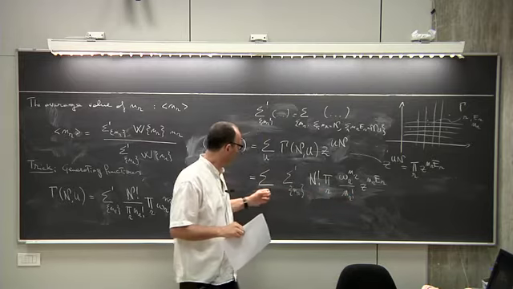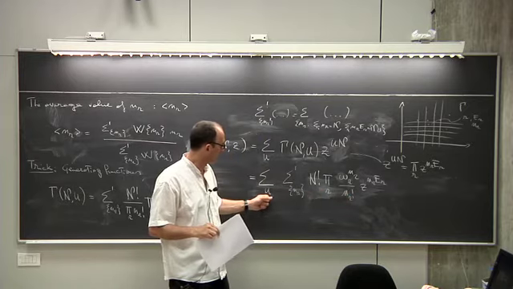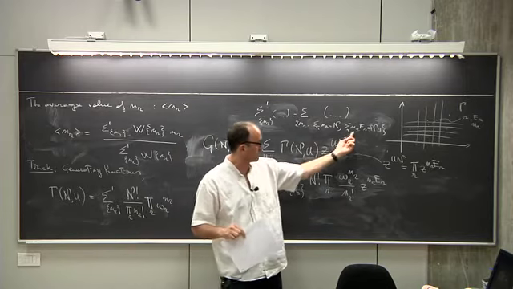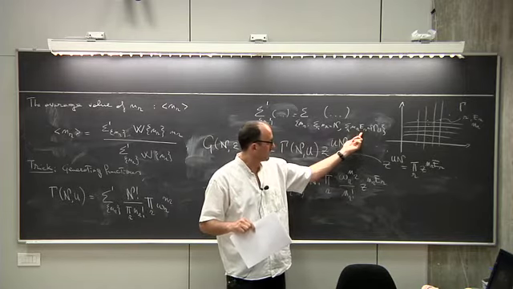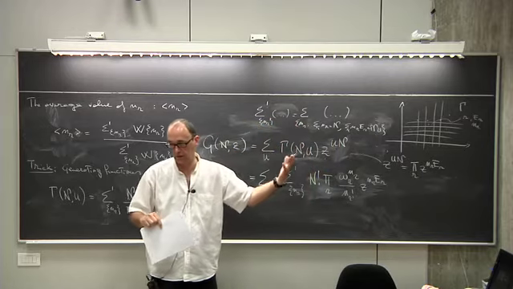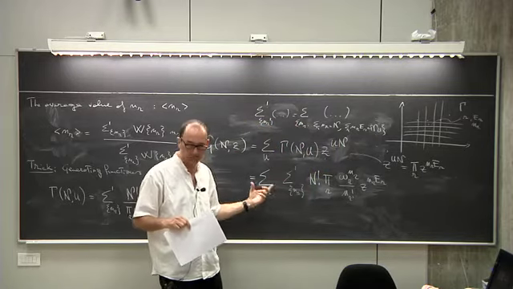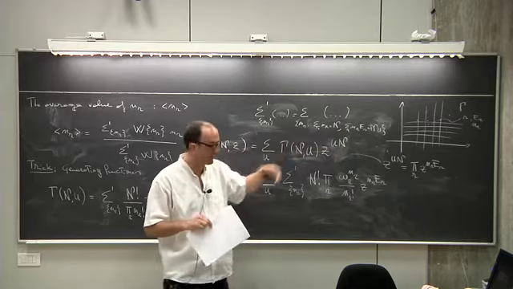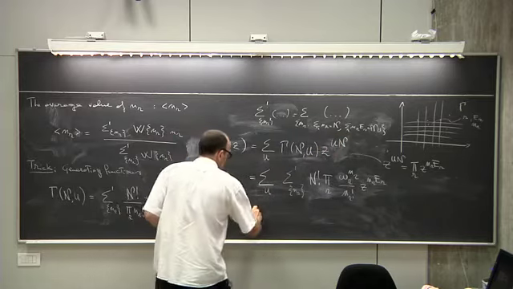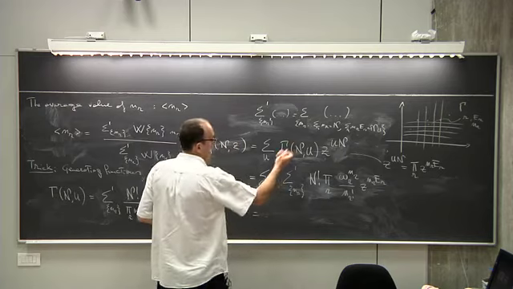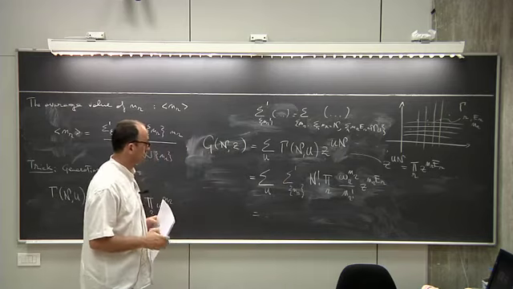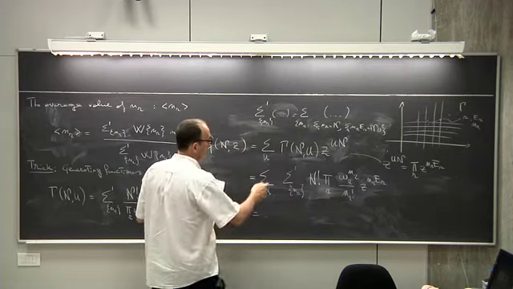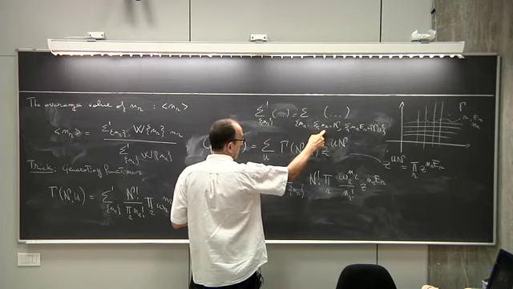So the sum over u will just be equal to 1 for that u which satisfies this constraint, and all the terms in this sum will be equal to 0 for all the terms which do not satisfy this constraint. So I can essentially get rid of this sum, and I have only this constraint.